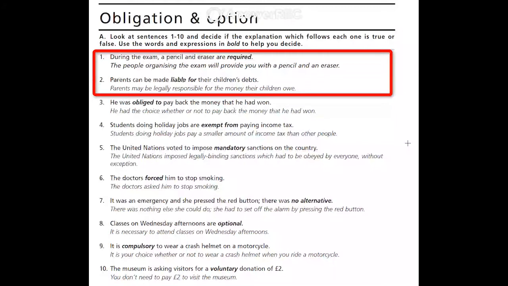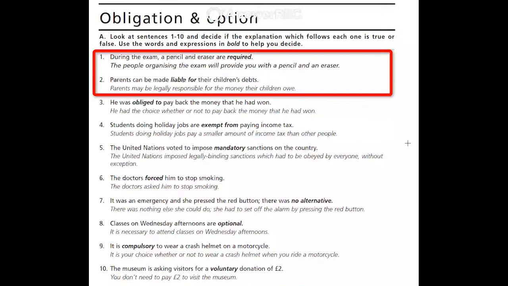Okay, so now let's look at number 1. When we say something is required, it means you must use them. Okay, you must use them during the exam. In this case, the inference down there says they will provide you, they being the people organizing the exam, and that's not true, okay? They're not required to give you a pencil and eraser.